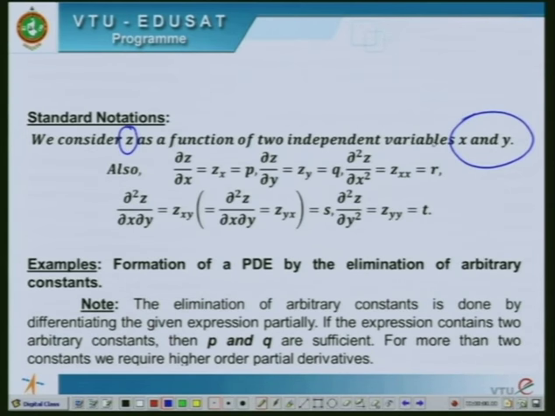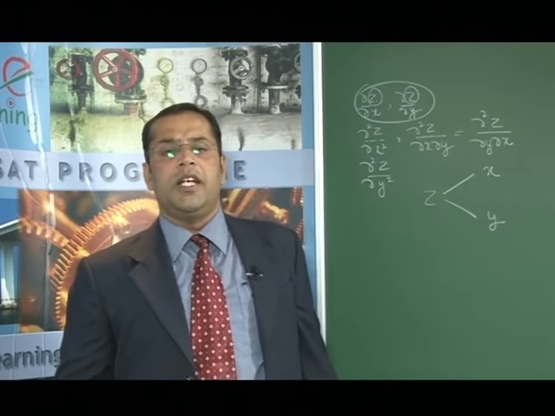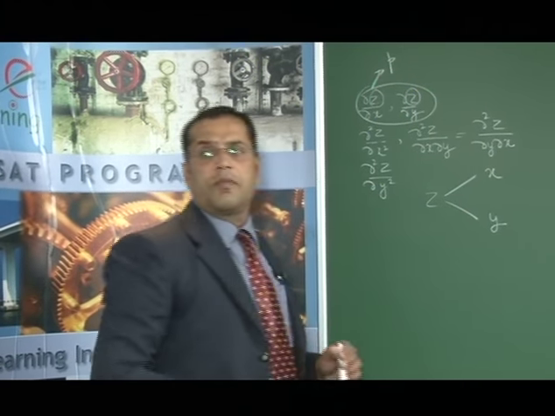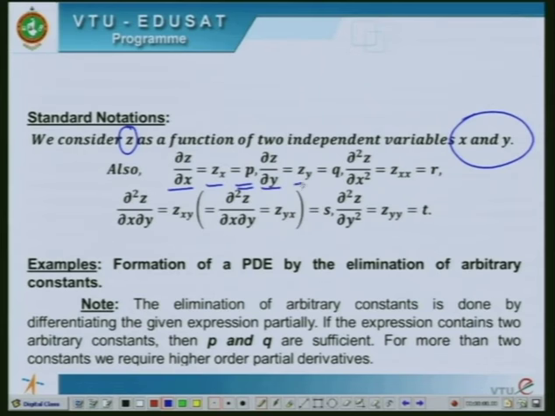As I mentioned earlier, the first order partial derivative ∂z/∂x is also given the notation zx. It is also called small p. So, this is p. Then the first order partial derivative of z with respect to y is given the subscript zy, also denoted by q.